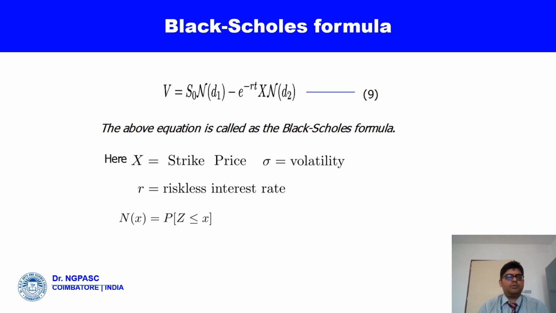That's why you are using this Black-Scholes formula. More details on this formula and its applications can be studied once the Black-Scholes model is derived. If we derive the Black-Scholes model, based on that it is possible to derive the applications of all these relations.